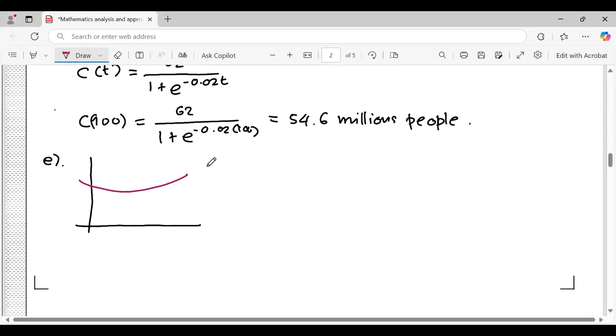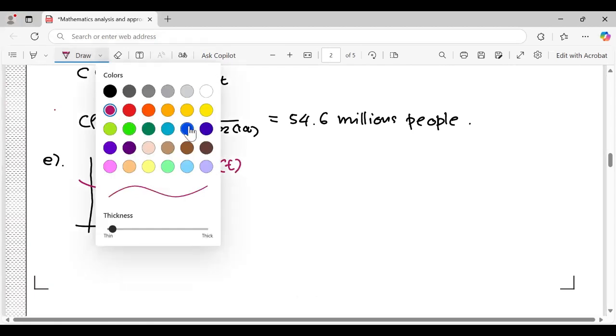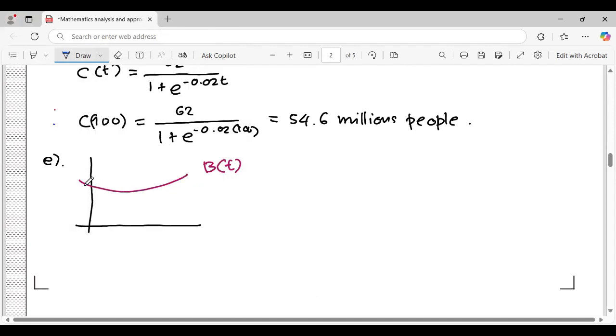This is for Benoit's graph, and Cecilia's like this. 25 is located here, and 100 is located here.